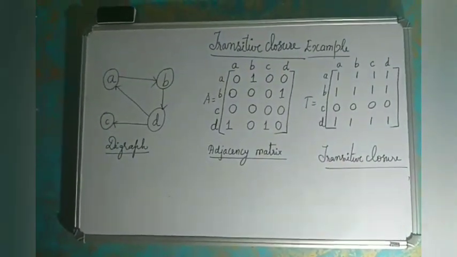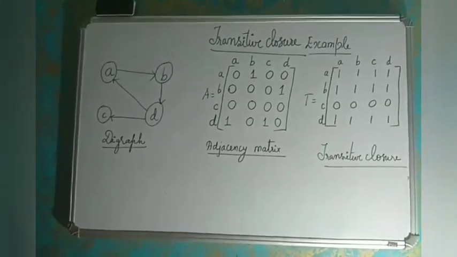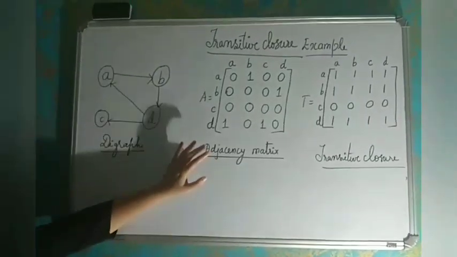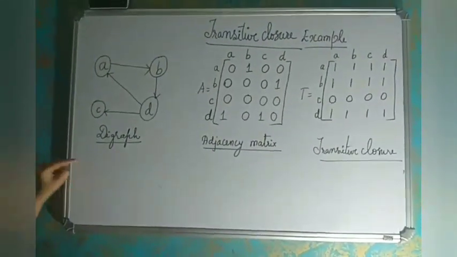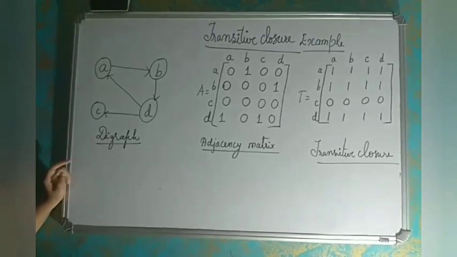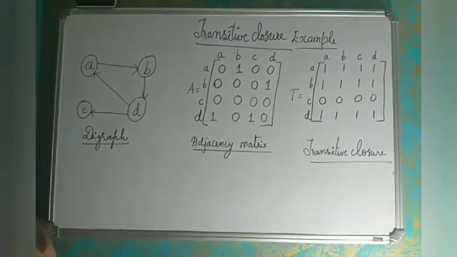What is a transitive closure? As I have told in the definition, the transitive closure is also an n cross n matrix, in which the entries are 1 if there is a path from vertex i to j.